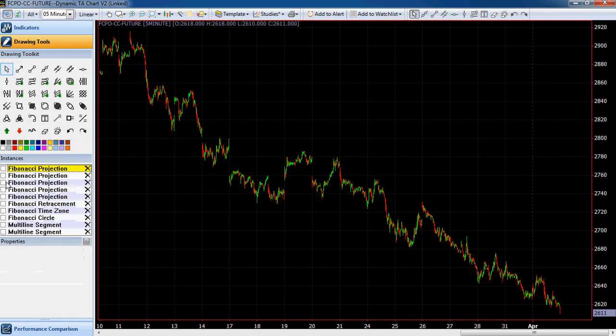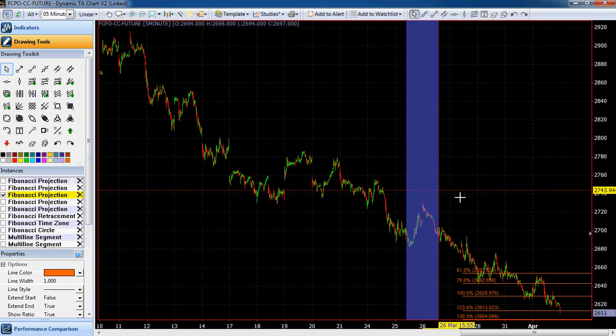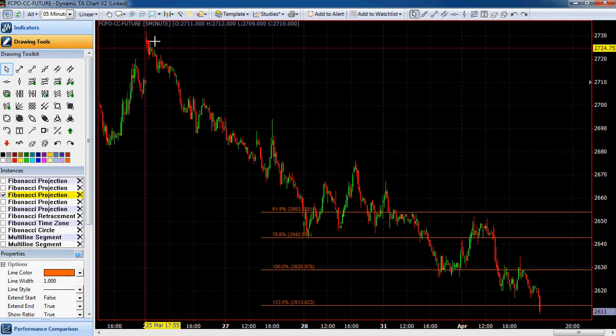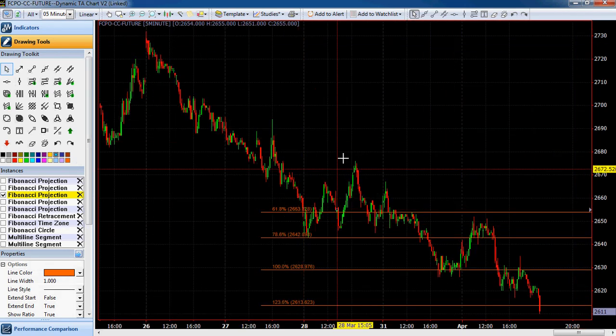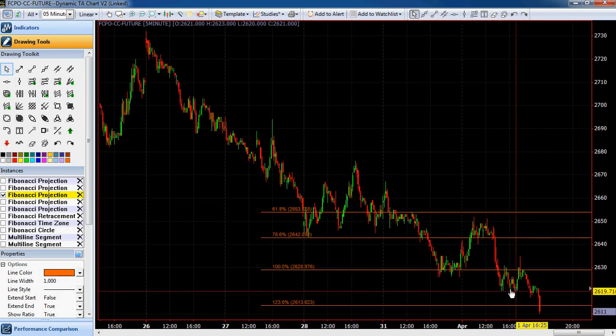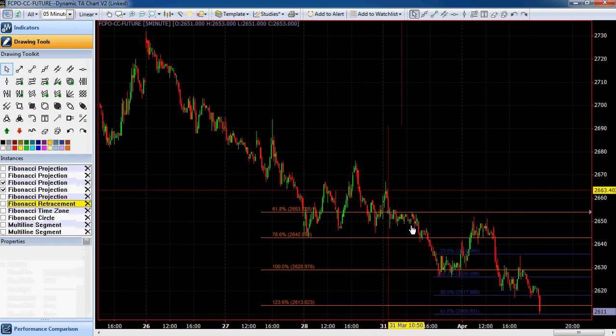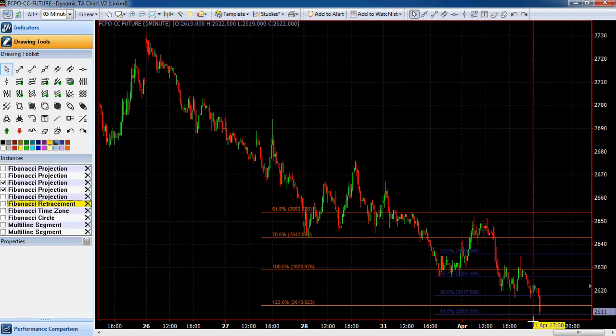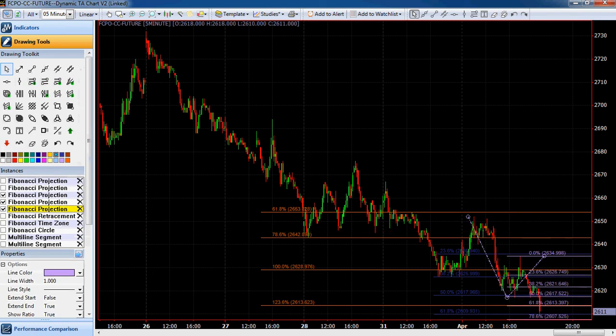Closing these two, we zoom further into the wave count. What we have here is 1, 2, 3, 4, and this one a 4 extension. Further calculation, another 1, 2, 3, 4 hit here, and the smallest 1, 2, 3, 4 comes down.